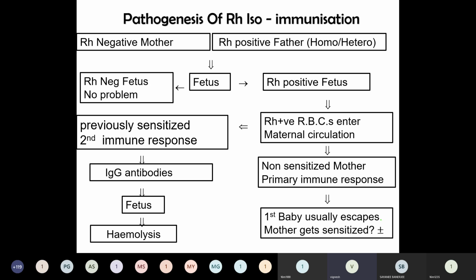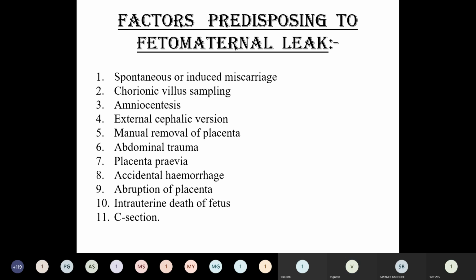So this is how the immunogenic response occurs in a primigravida or in a multigravida. As I told you earlier, the primigravida, the first pregnancy, usually escapes. The only caveat is that she must not have received an Rh positive blood transfusion earlier. So what are all the factors which predispose to the feto-maternal leak?